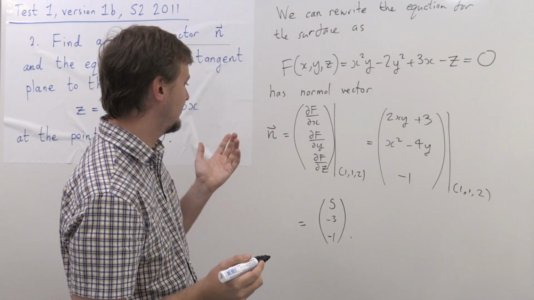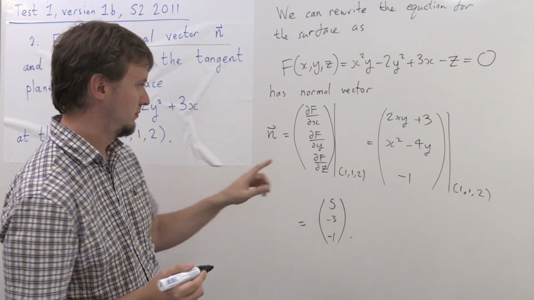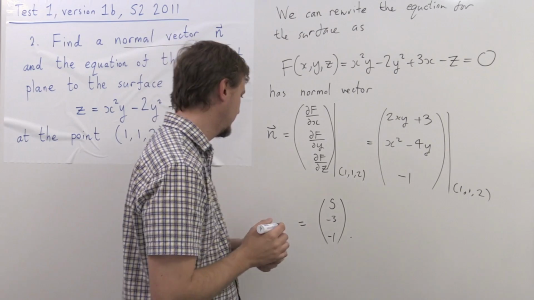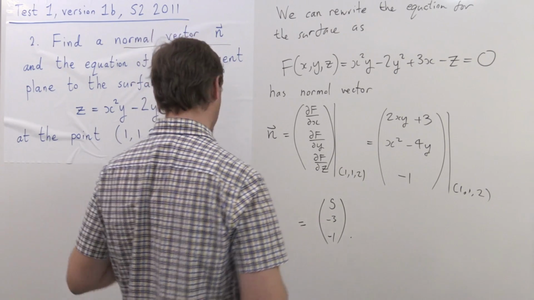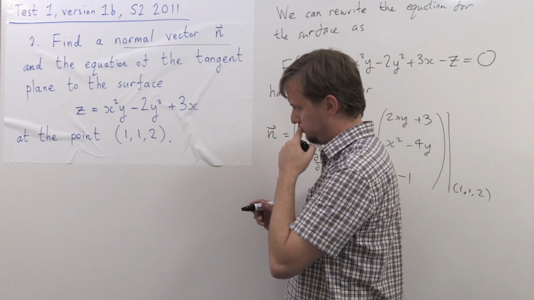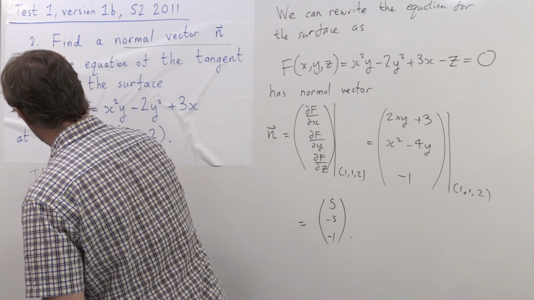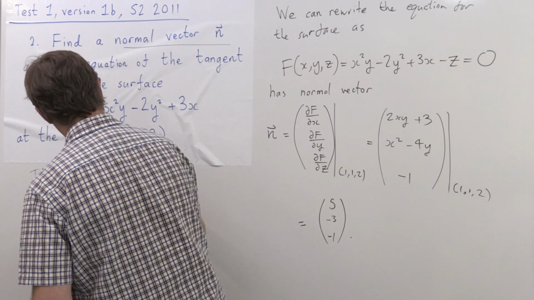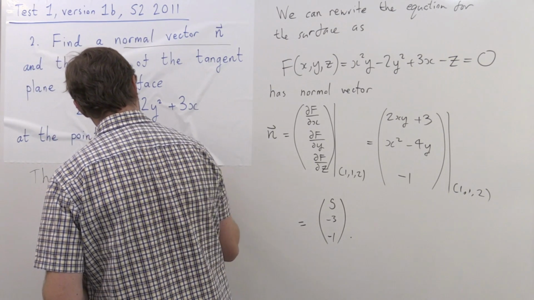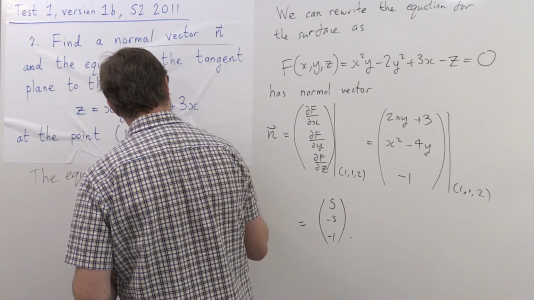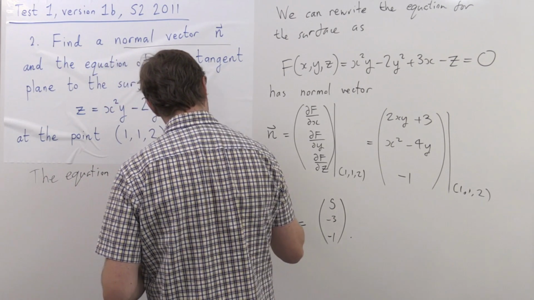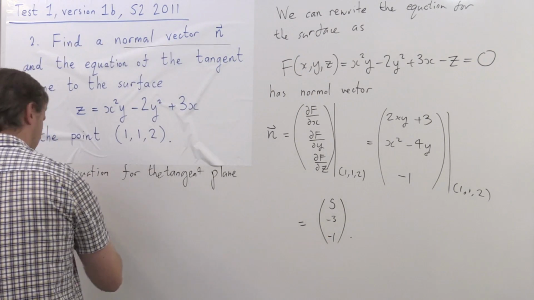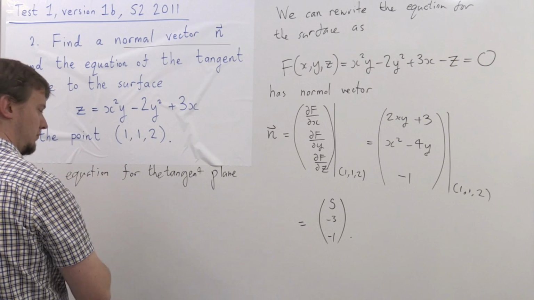Alright, so if we have a normal vector and we have a point, then we can just use point normal form to write down the equation for the plane. I guess I'll work over here. So the equation for the tangent plane, using point normal form, let's do it in 2 steps.